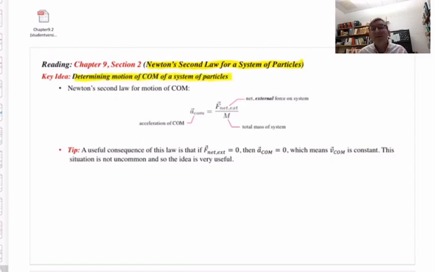So let's remind ourselves about the previous video lecture, 9.1. There, I motivated why this special point in an extended body, that's what we mean by a system of particles, why this special point called the center of mass is so important. And then we talked about how you determine the location of the center of mass. And it really boiled down to a formula for a system of particles.